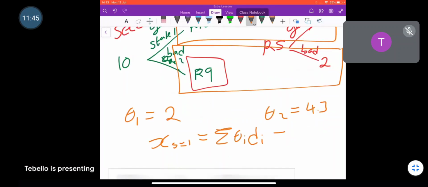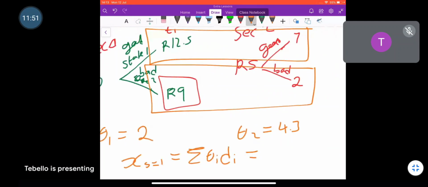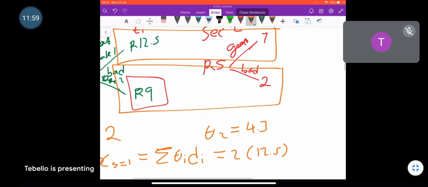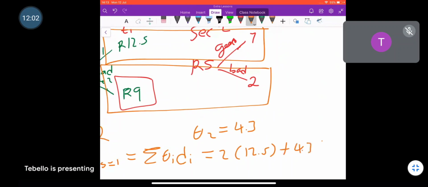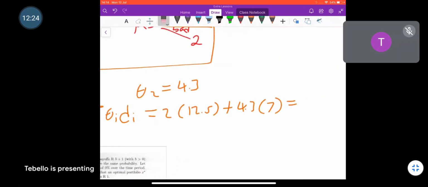So for state 1, the amount of security 1 is going to be 2, and the payout is going to be 12.5, and you have bought 4.3 of security 2, and the payout is going to be 7, meaning that the payout under the first state is going to be 2 times 12.5 plus 4.3 times 7. It's going to be 55.1, right?